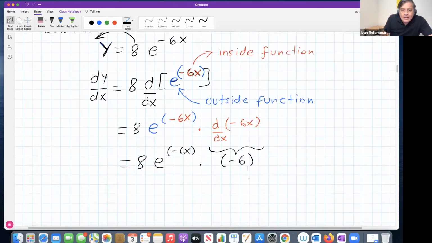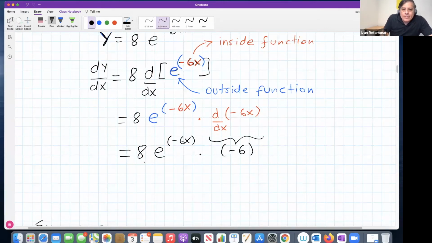Now we have to combine or multiply these two guys. 8 times negative 6, that will give me negative 48, right? Negative 48. And then e raised to parentheses negative 6. But remember, mathematicians, when they don't need parentheses anymore, they drop them, right?